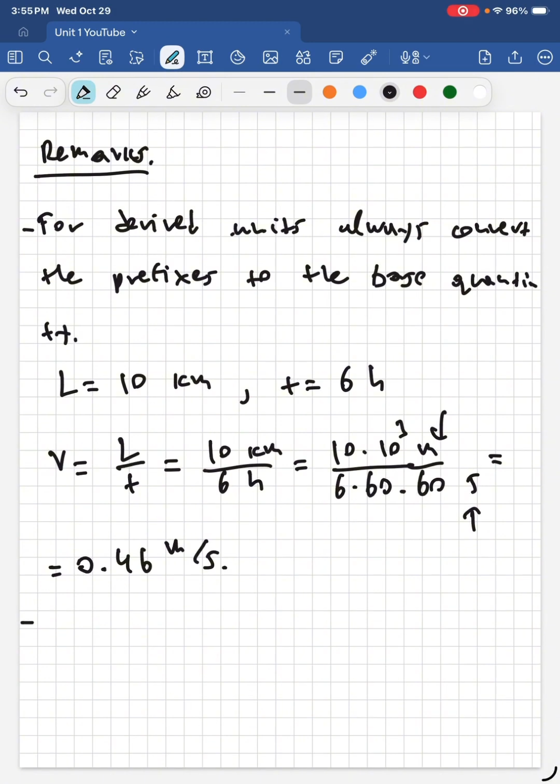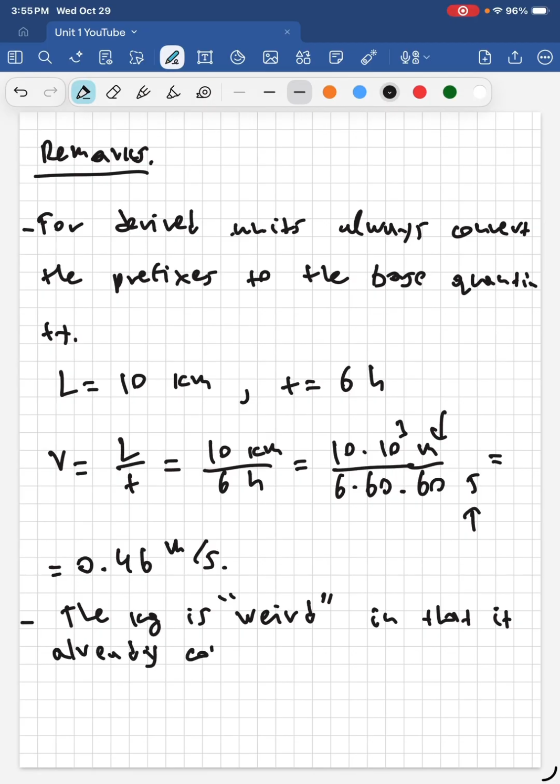The second one is that the kilogram is weird in that it already comes with a prefix.